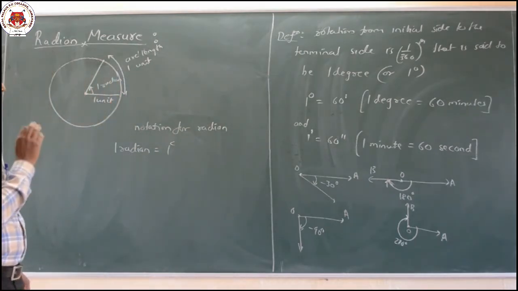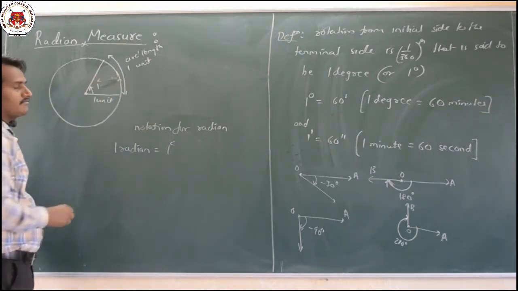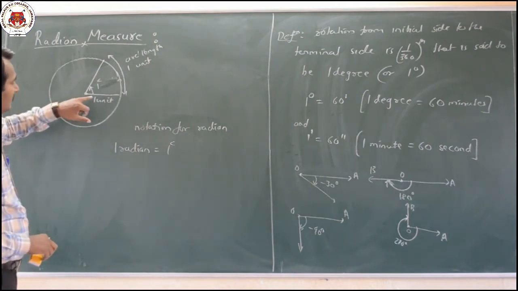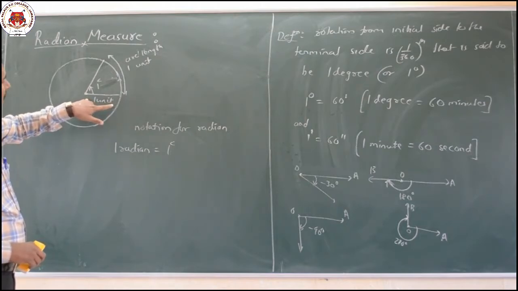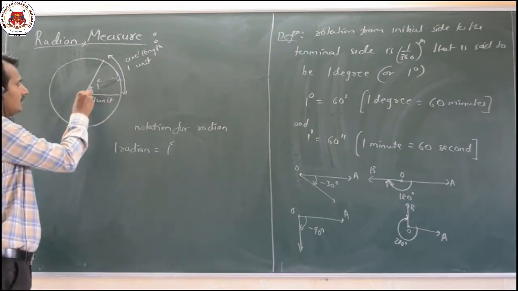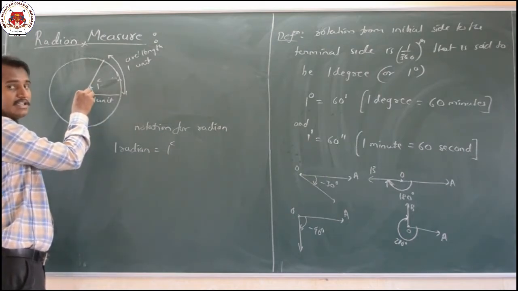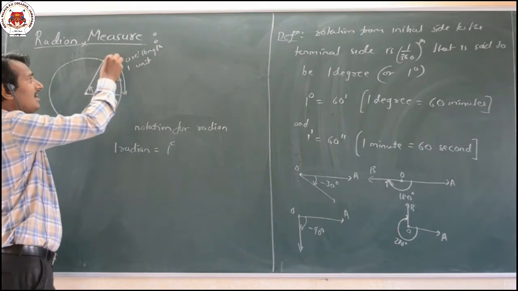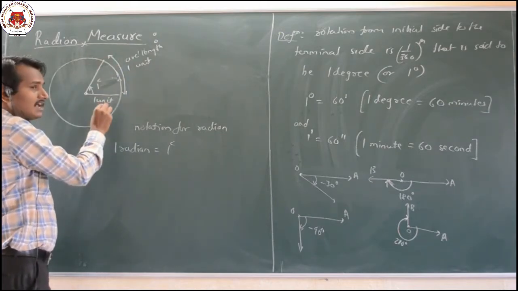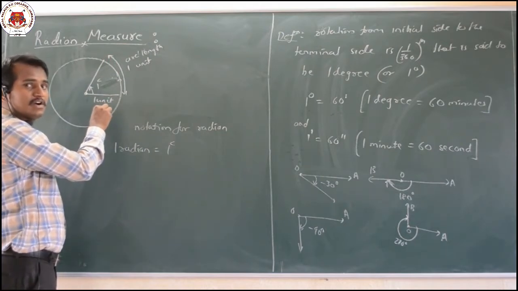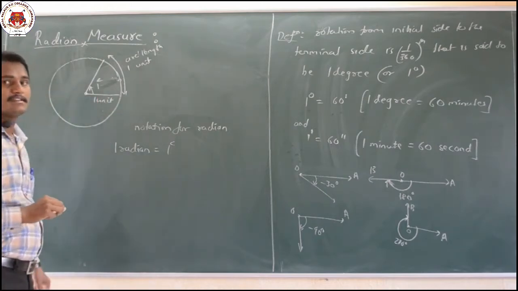Now the definition of the radian here is the angle subtended, or the amount of bending of the initial line, the angle at the center made by the arc length, where the circle has a radius of 1 unit.